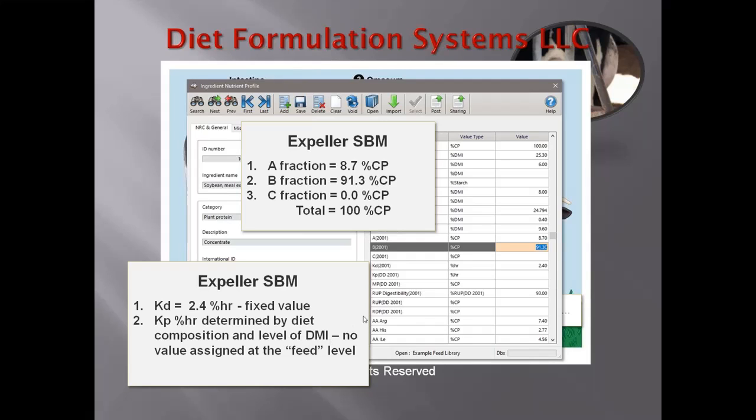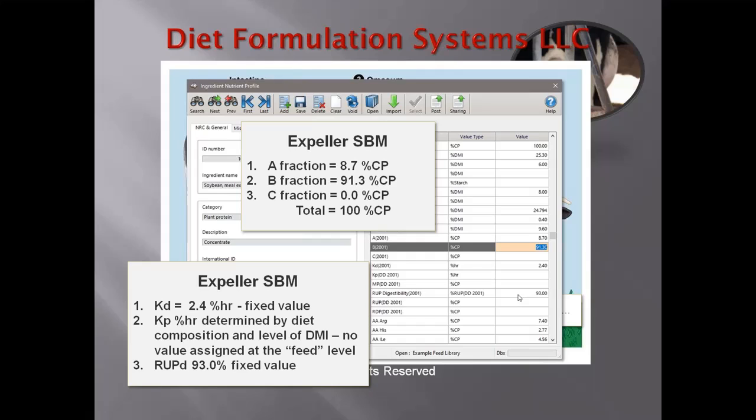So there's no value assigned here at the feed level, you see. This field is empty. In fact, DFS will not let you enter a value here because it's all calculated by the model when evaluating a diet. Okay, RUP digestibility, 93% right here.